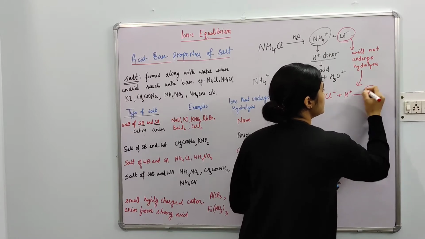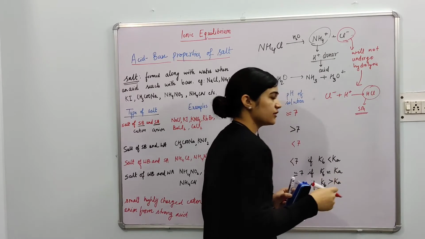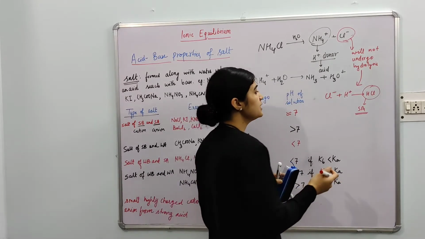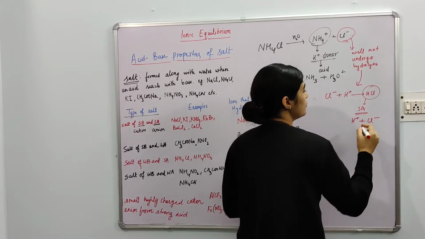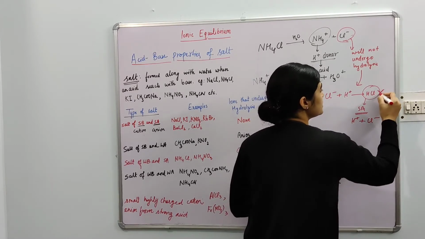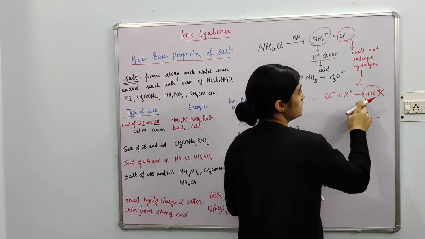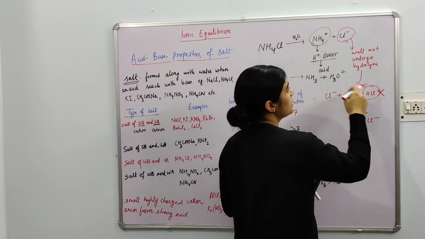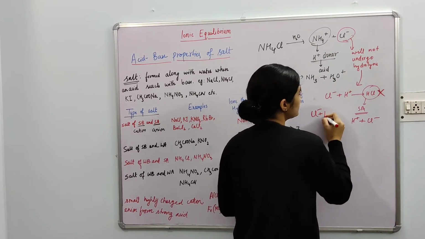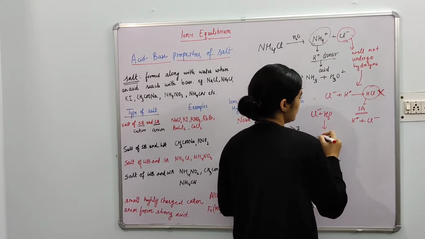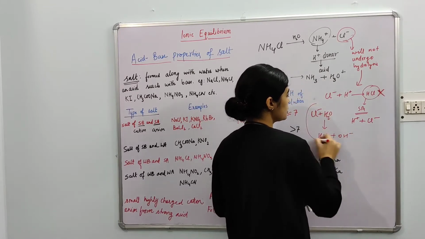It will form HCl. HCl is a strong acid, and we know that in an aqueous solution HCl is only present in the form of its ions, that is H plus and Cl negative. Not a single molecule of HCl will be present in the aqueous solution. Therefore this reaction doesn't happen. That's why Cl negative doesn't undergo hydrolysis.